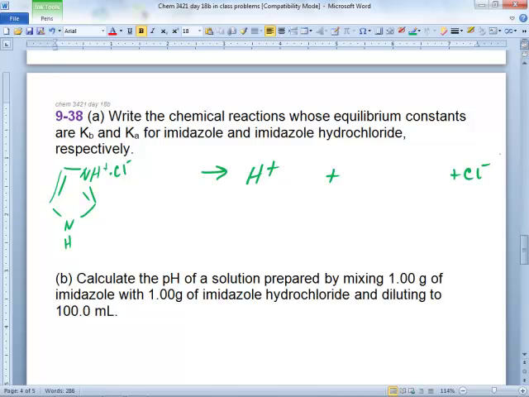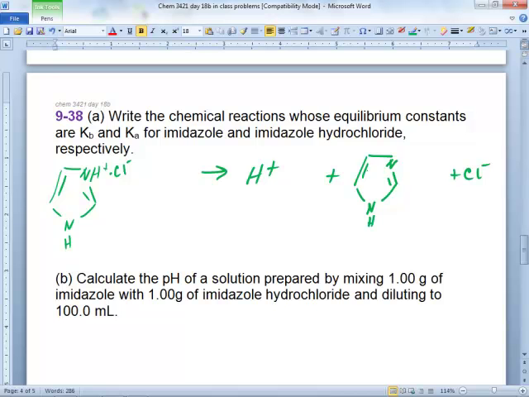Then I'm tagging on this chloride just to balance things. Now I got to draw the A minus. That H is gone, right? There, something like that. So this is what we're calling our A minus, and this is what we're calling our HA. And that's the Ka reaction.